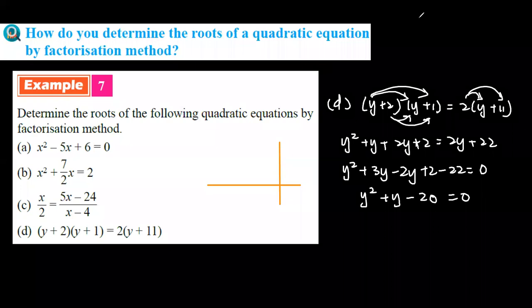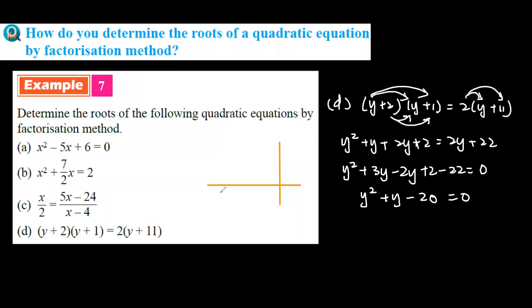We will write down the first term, y squared, the last term, negative 20, and the middle term, positive y. Okay, y times y, no problem. And 20 has many factors. 20 could be 1 times 20, can be 2 times 10, the next one should be 4 times 5.